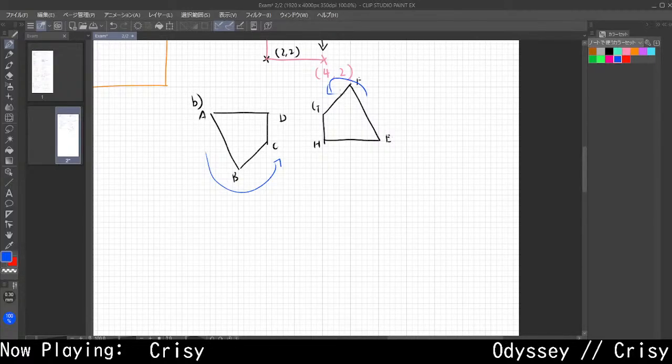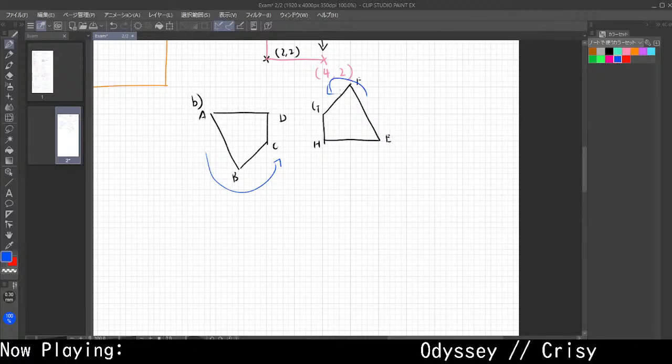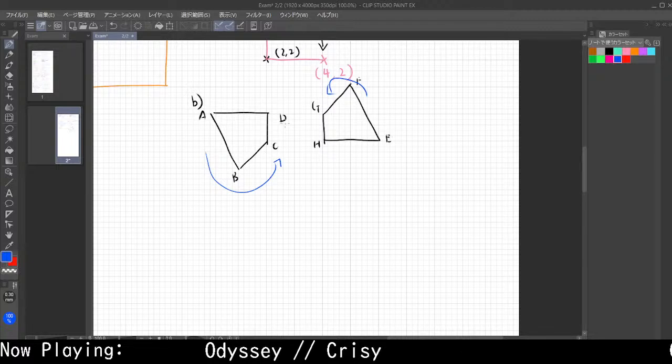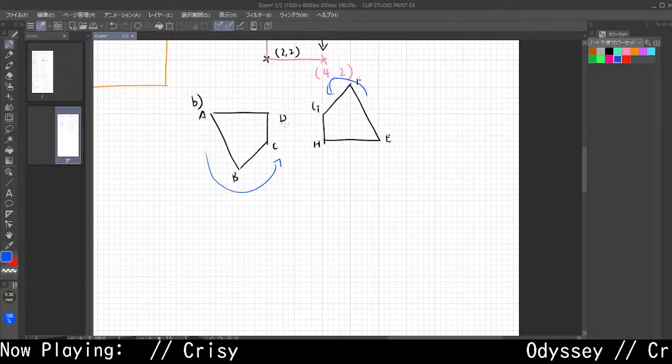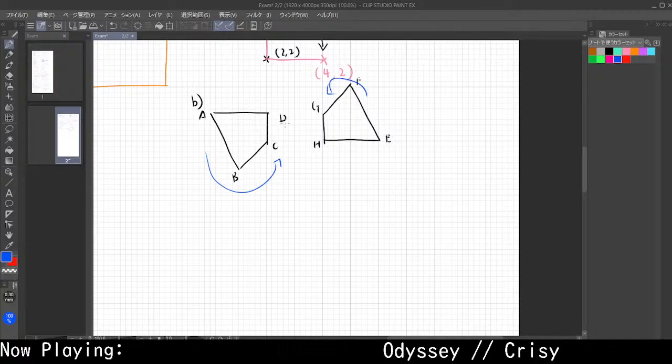If you reflect it, then the order of letters will be reflected as well. So originally it's counterclockwise. If you reflect it, it will become clockwise. So this is a way that you can use to talk about whether it's rotation or reflection. Because in this case, translation is impossible, enlargement is also impossible.